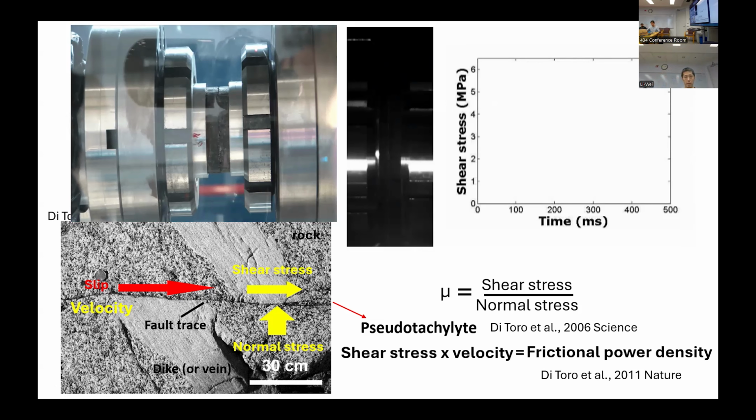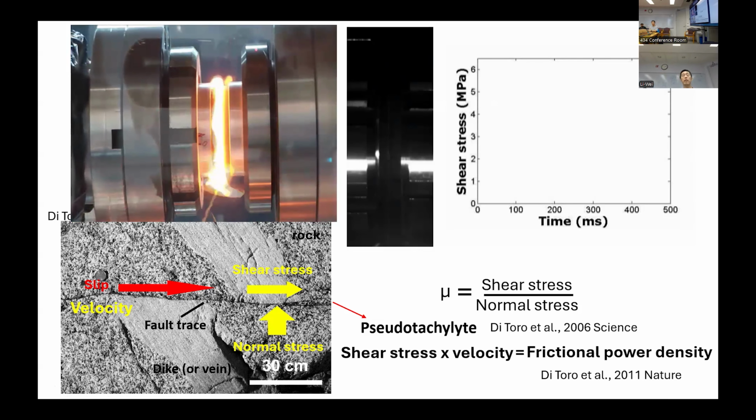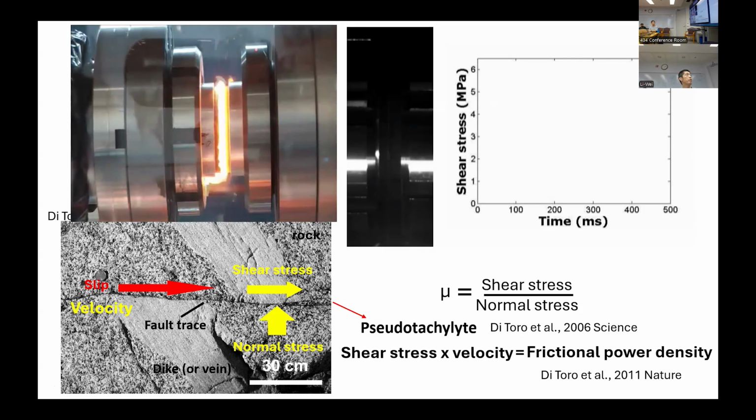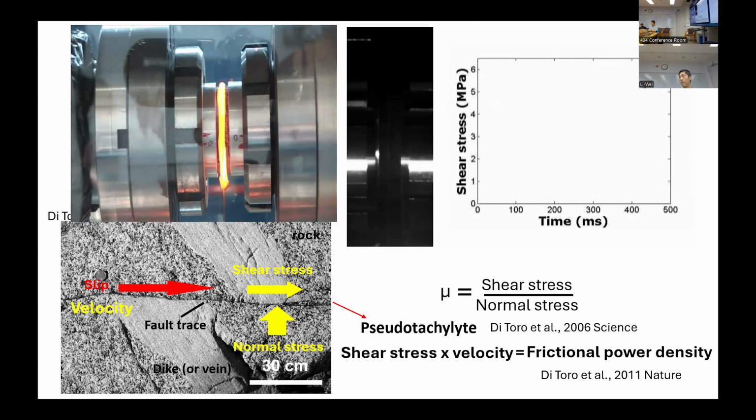In this case, they try to apply high power density. During shearing, you can see that high frictional power density can melt rock. This is something you can find after a big earthquake at very deep depth.